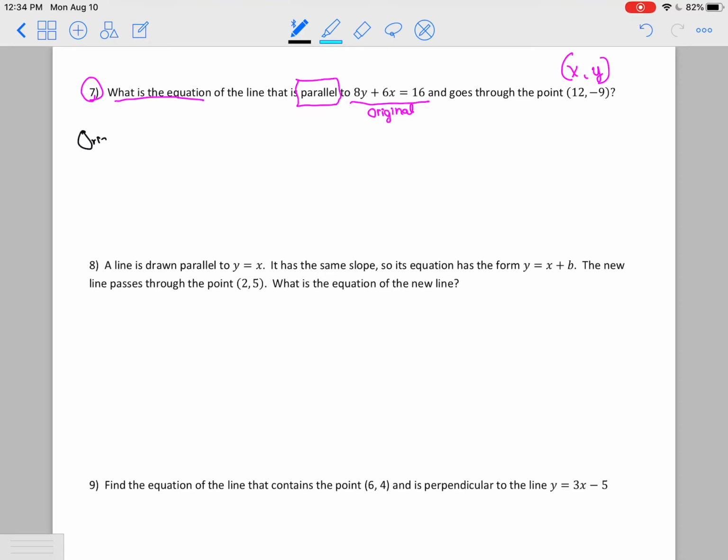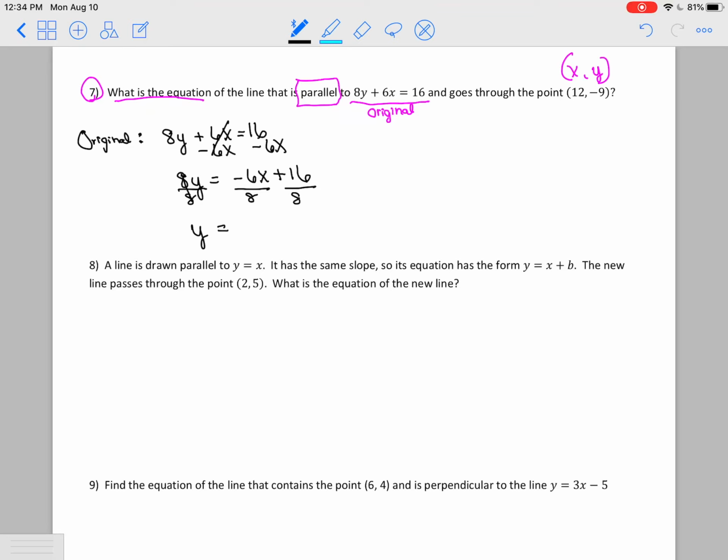So here's my original: 8y plus 6x equals 16. And we're going to move our x terms over to the right. 8y equals negative 6x plus 16. Okay, then we need to divide by 8. So y is equal to negative 6/8, we're going to want to reduce that fraction.